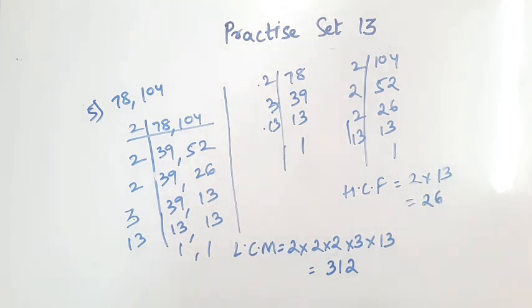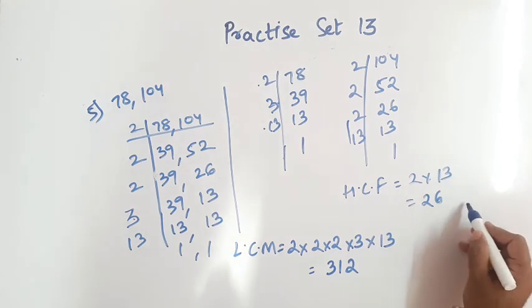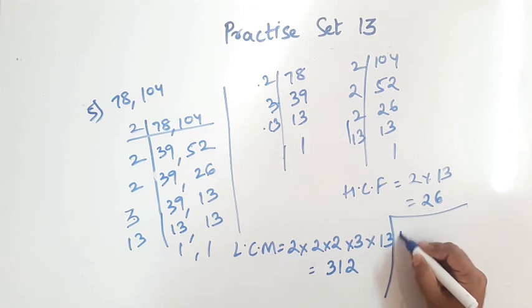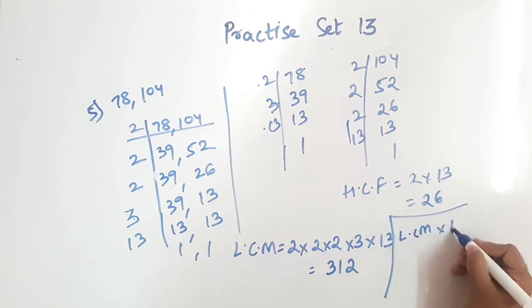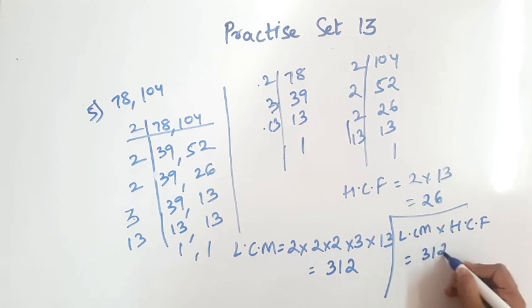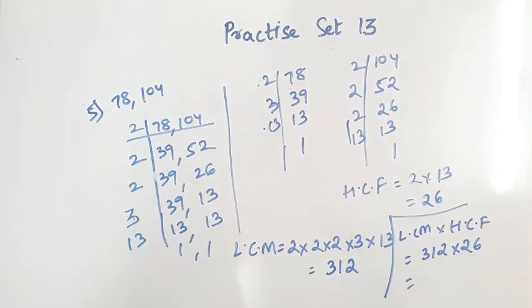So it is 26. Okay, now if I write LCM into HCF equals 312 into 26, that is equal to, if you multiply, you will get 8112.